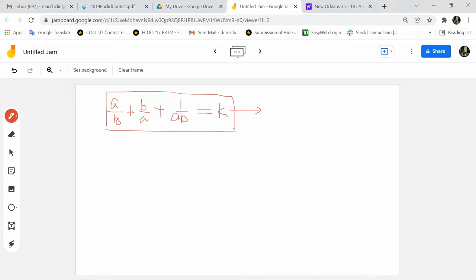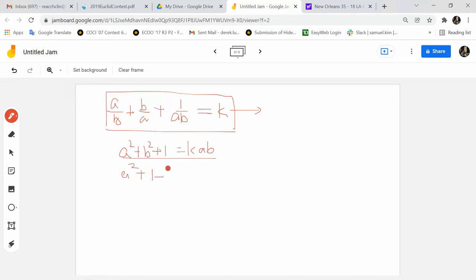So what we've got to do here is turn to this discriminant, right? So this is A square plus B square plus 1 equal to KAB, right? You can pick anyone. Pick A.